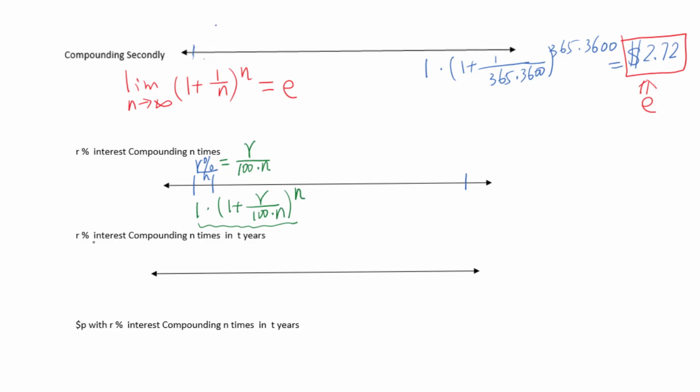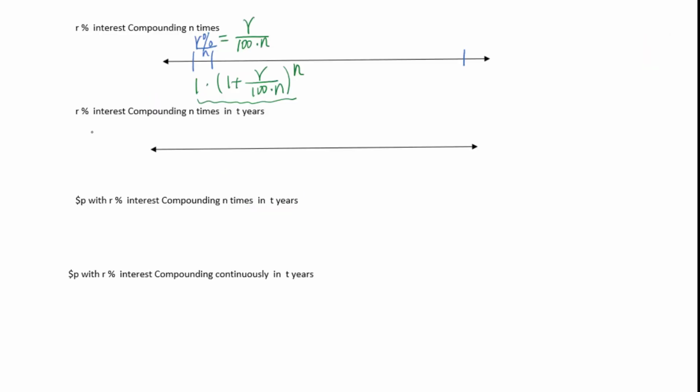You still have $1 and r percent interest compounding n times in t years. If we still have $1 with r percent interest compounding n times in t years, how many dollars will we earn after t years?